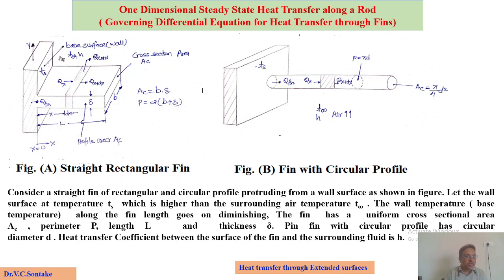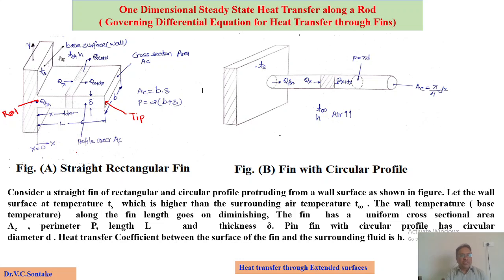So this area particularly is called the root of the fin, and this portion is called the tip of the fin. So the temperature of the fin at the root will be equal to the temperature of the base surface, that is Ts, and this temperature of the fin goes on decreasing as we move away in the x direction, and the temperature of the fin will be minimum at the tip of the fin here.